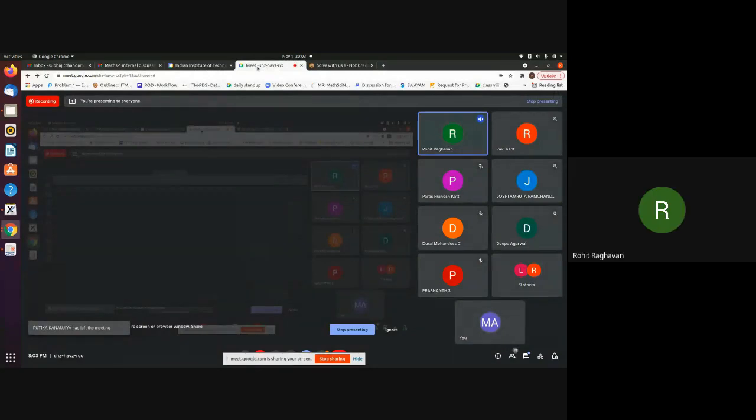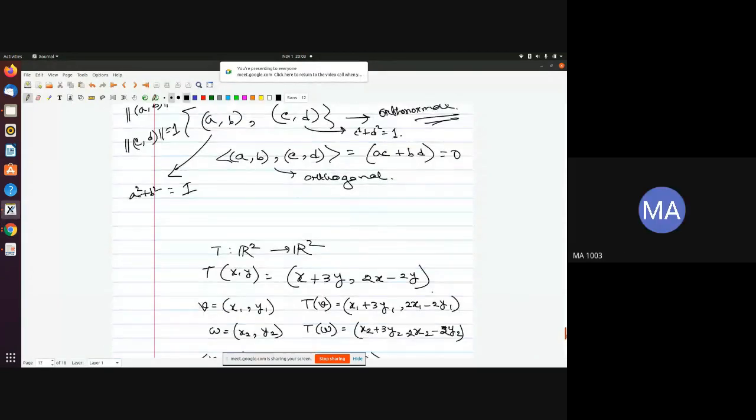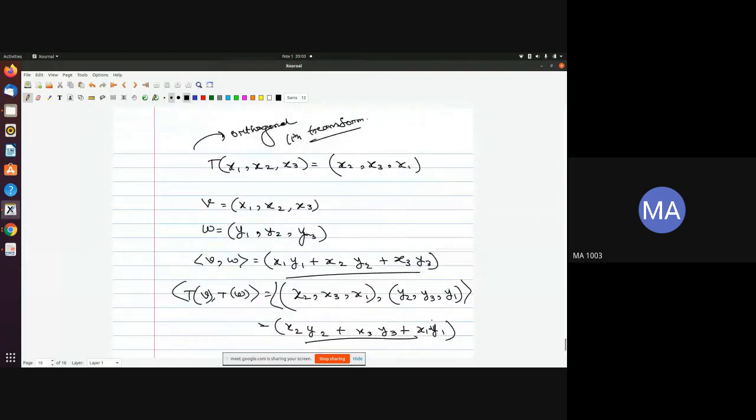And for one-to-one and onto, that is easy to check. This is the given transformation. What is the kernel of T? 0, 0, 0. So if it goes to 0, 0, 0, then x1, x2, x3 must all be 0, right?